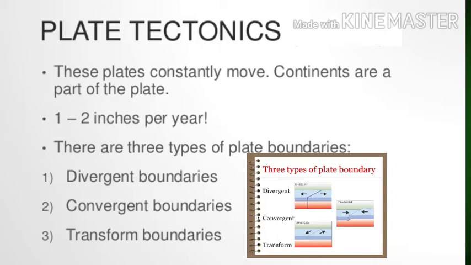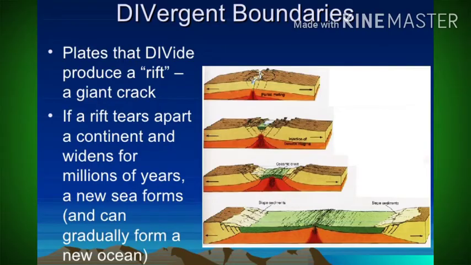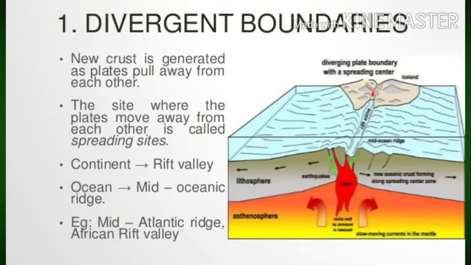So one by one, first divergent boundary. What are divergent boundaries? In plate tectonics, a divergent boundary or divergent plate boundary, which is also known as a constructive boundary or an extensional boundary, is a linear feature that exists between two tectonic plates that are moving away from each other.